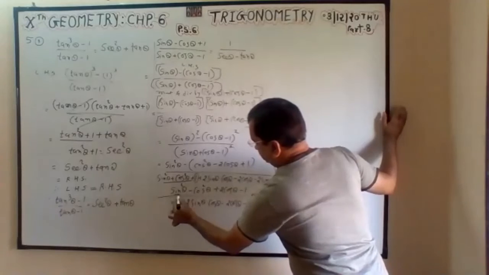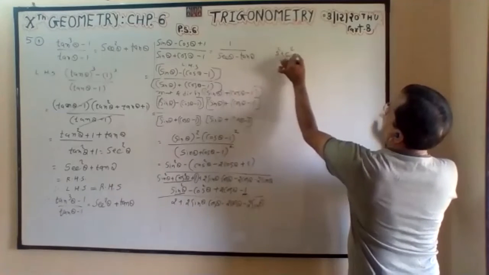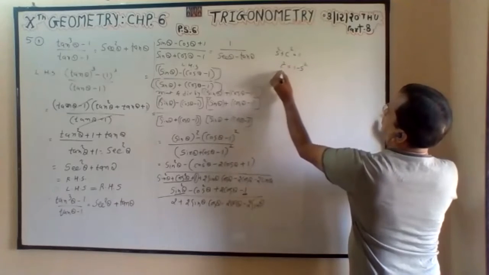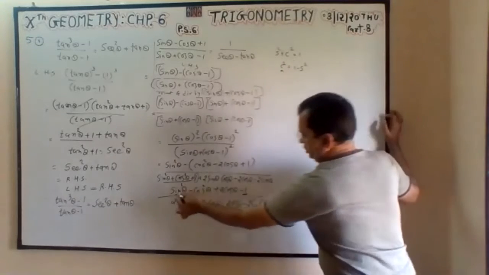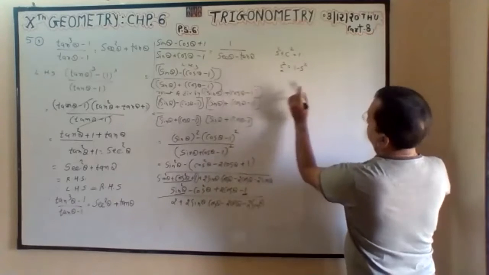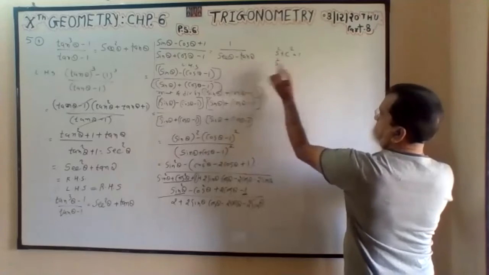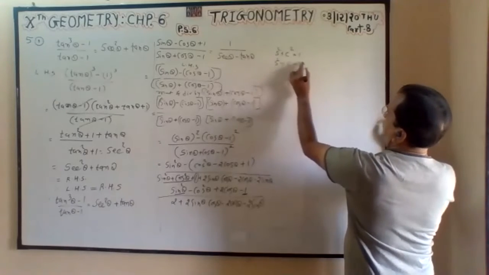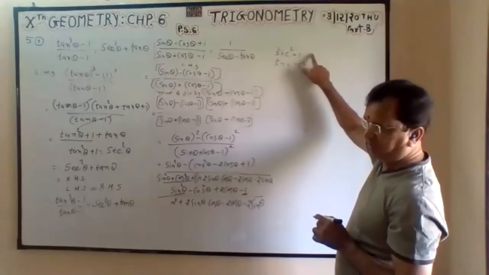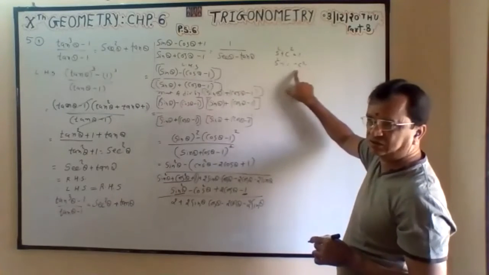Now see, sin square plus cos square is equal to 1, so sin square minus 1 is equal to minus cos square.